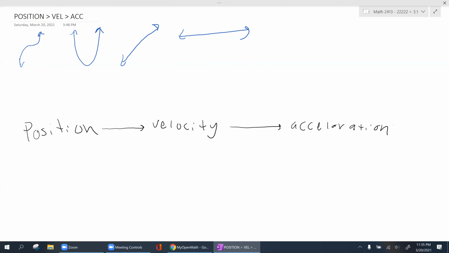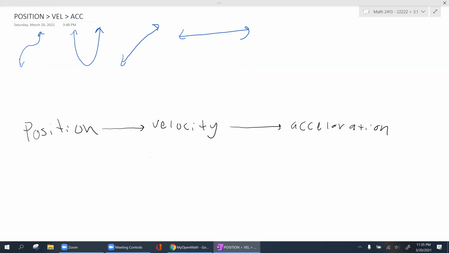Very, very important that we remember this. In other words, if you start at position and you derive it once, it gives you velocity. If you have position and you derive it twice, 1, 2, it's going to give you acceleration.